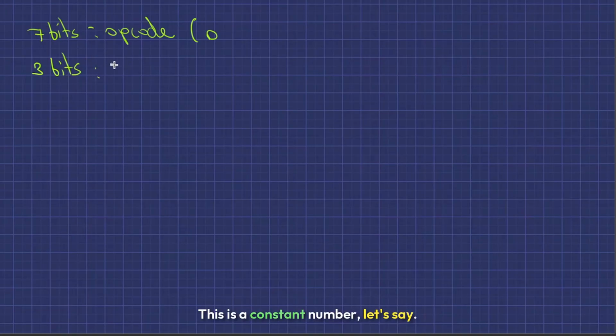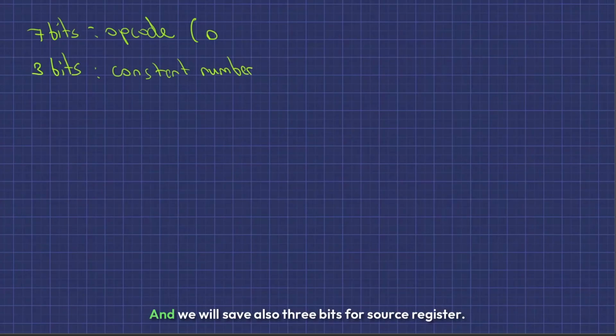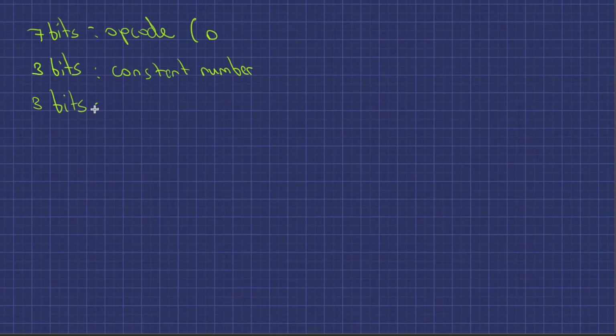This is a constant number, let's say. And we will save also 3 bits for the source register. We will write this as Rn, and we will save 3 bits.